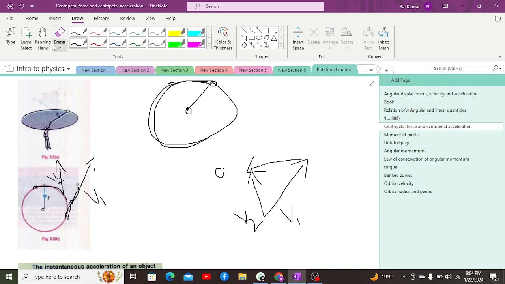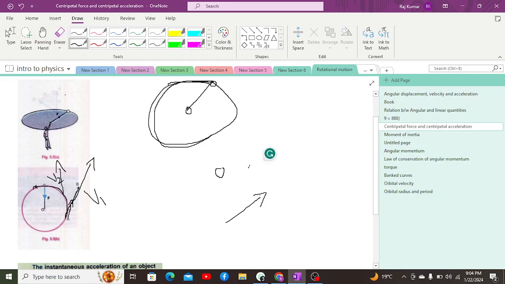I was in a hurry, so it happens. So here, first vector, last vector, and this is the final vector delta v. So here this is v2, this is v1.